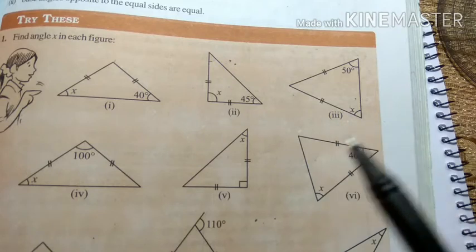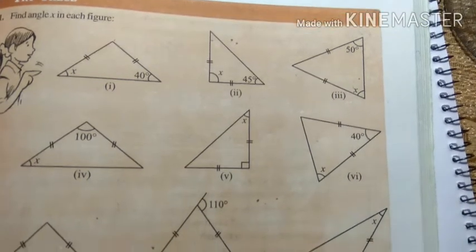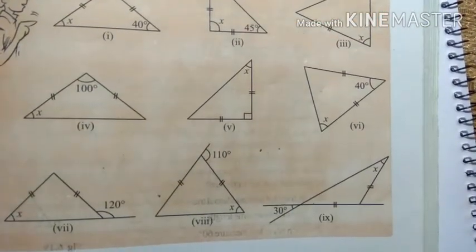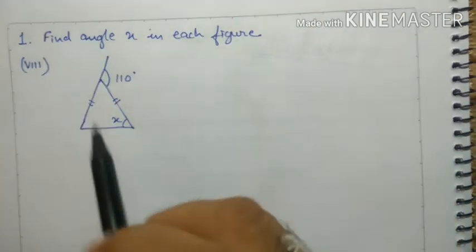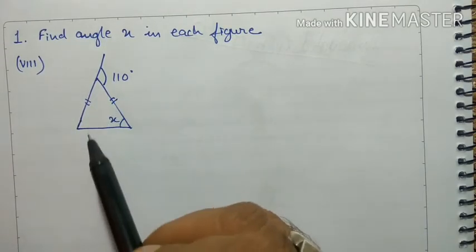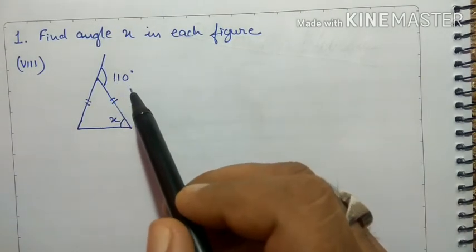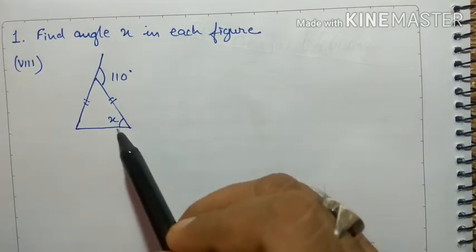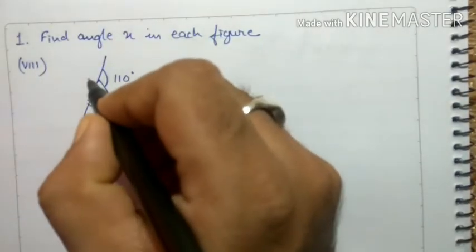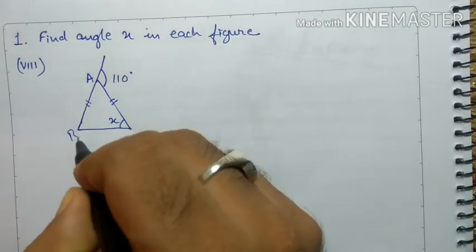I'm going to solve one question for you, question number 8. Here a triangle is given and one exterior angle is 110 degrees. These two sides are of equal length and this angle is x. First name this triangle ABC.